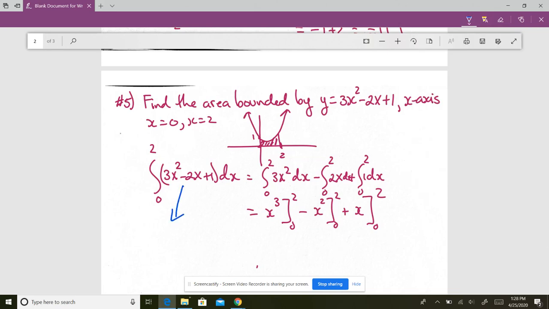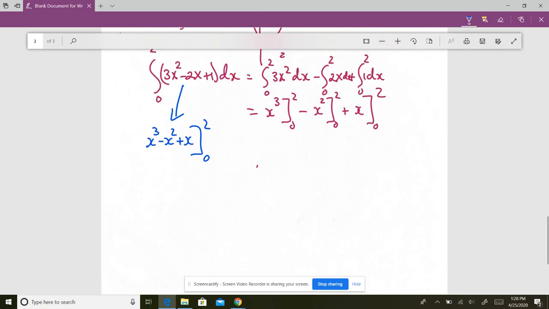The other way is just go, oh, okay, that's just going to be x cubed minus x squared plus x, all evaluated from 0 to 2. All right, so then put in 2 cubed minus 2 squared plus 2 minus 0. It's nice to know zeros because they all go away.